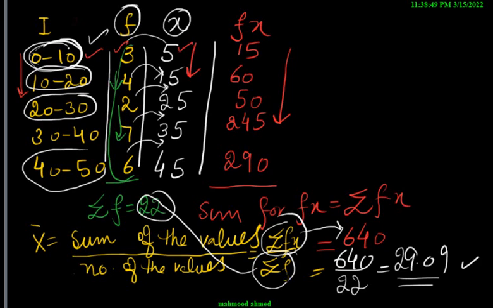So this way we calculate the mean when the data is in groups form or given in intervals form. So x bar for this question is 29.09. So this is the way to calculate the mean.